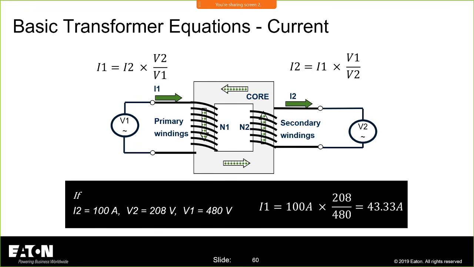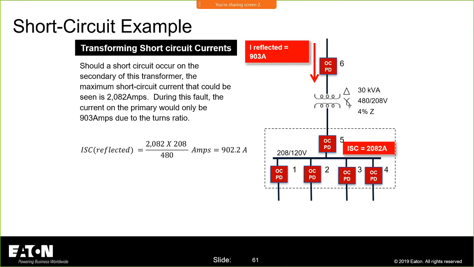But that's basically the math right there. If I know my secondary current's 100 amps, my voltage on the secondary is 208, my primary voltage is 480, I can do the math and reflect the current to the primary. You're going to understand the importance of that when we start looking at selectively coordinating around a transformer, which nobody really talks about in the industry.